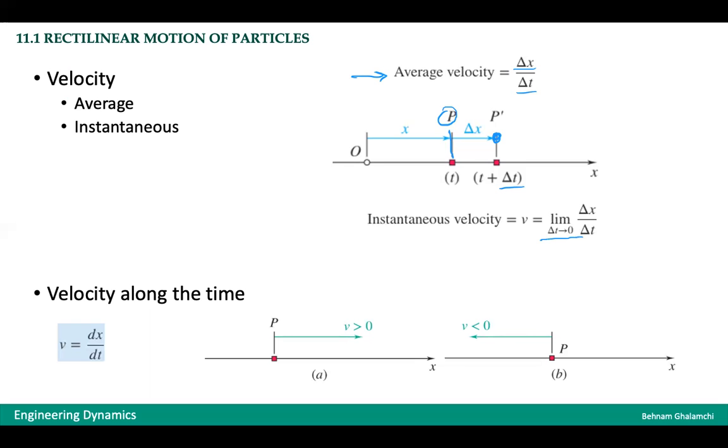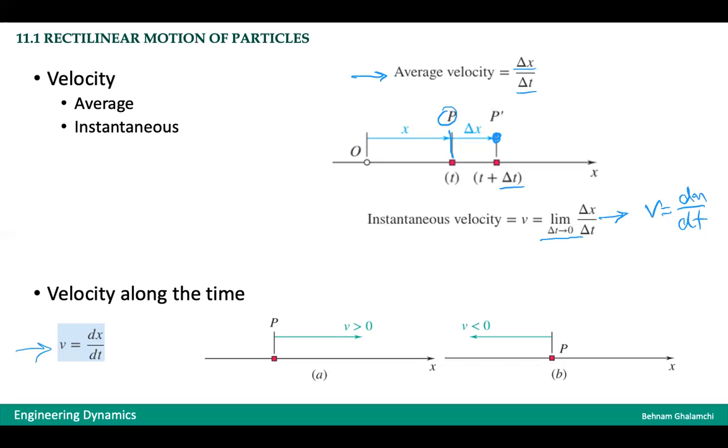We are able to write it in differential form as well: v is equal to dx over dt, the time derivative of displacement, and that will be our definition of velocity along the time.